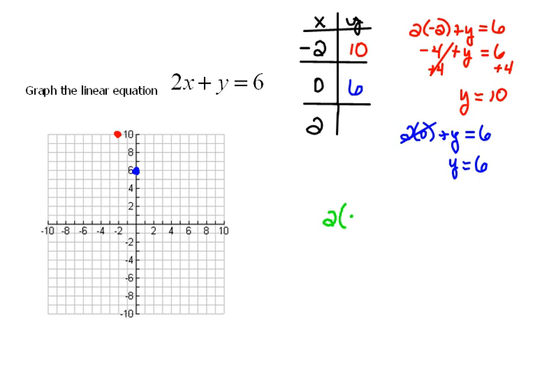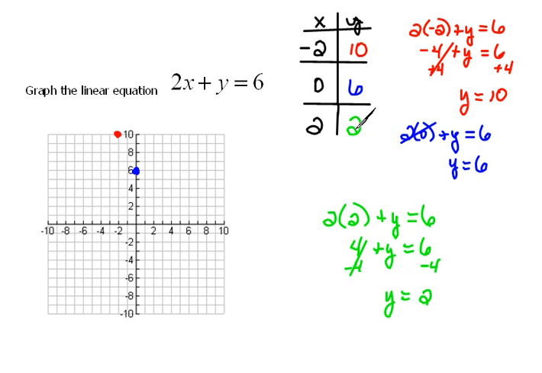So that would be 2 times an x value of 2, that's much better, plus y equals 6. 2 times 2 would be 4, plus y equals 6. So again, what do we have to add to 4 to get 6? We know what the answer should be, but we're going to do this properly. Let's subtract 4 from both sides to get y equals 2. So when I have an x value of 2, the y must be 2 in order to make the statement true. That's the point 2, 2.